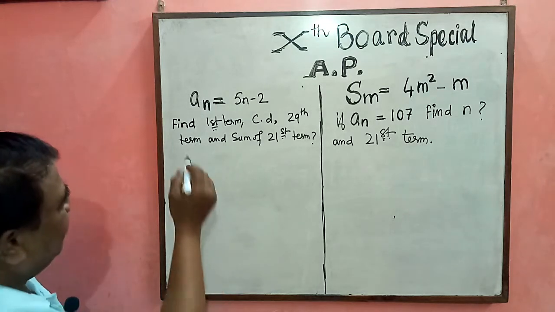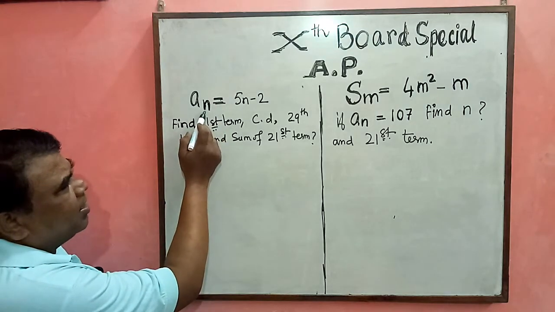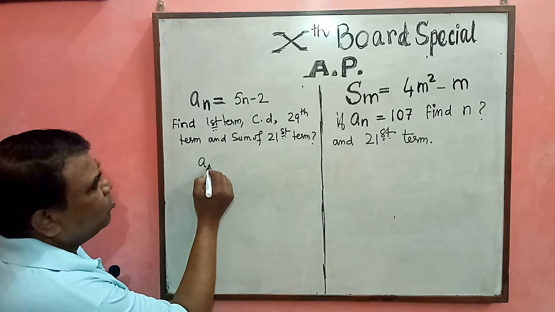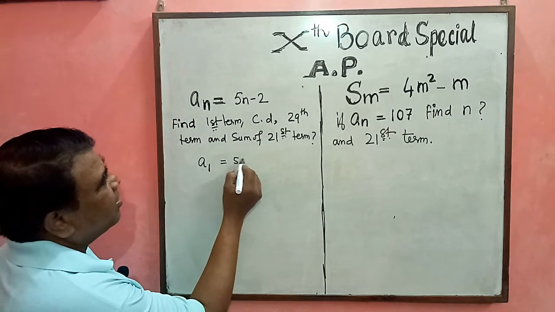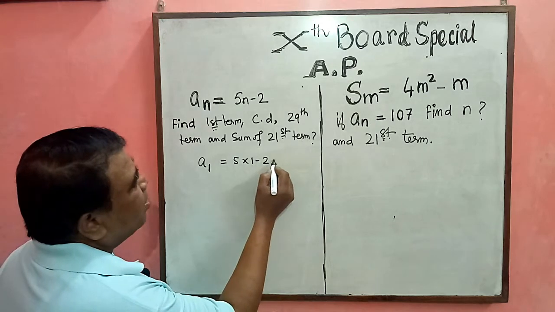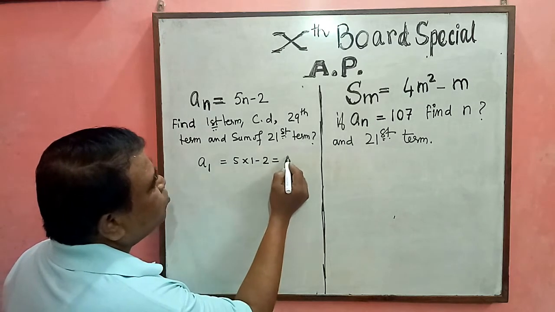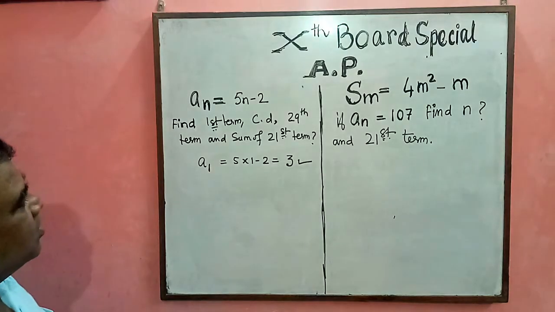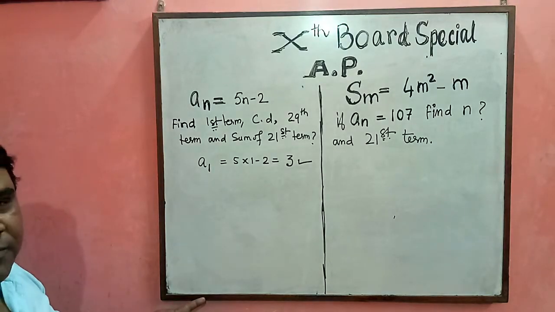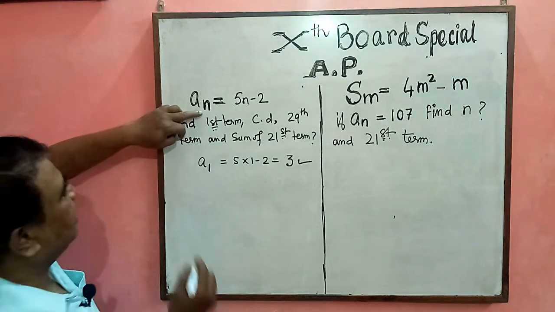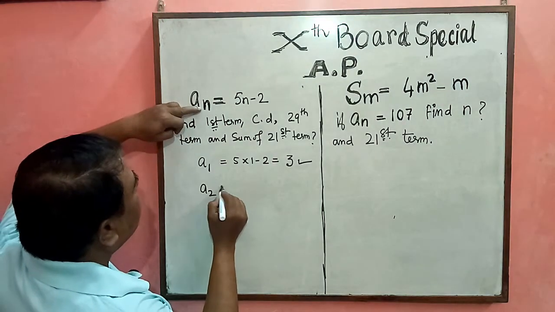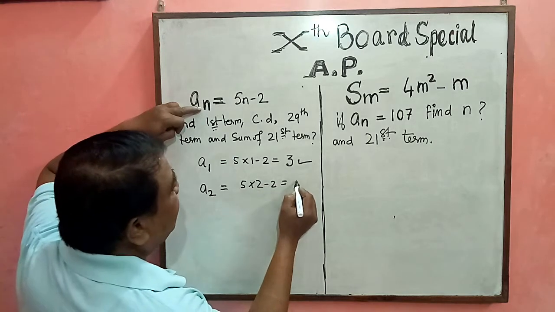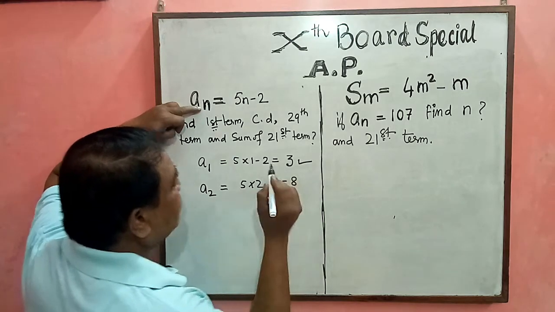See, an is representing the nth term. If I put n is equal to 1, this is 5 minus 2, 3. This is the first term. Similarly, if I put n is equal to 2, this is 5 into 2 minus 2, this is 10 minus 2, 8, the second term.